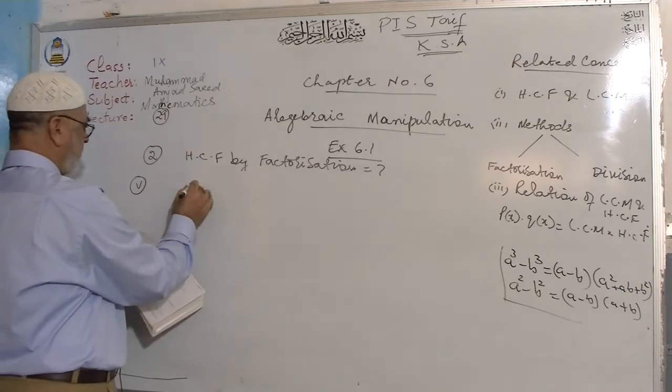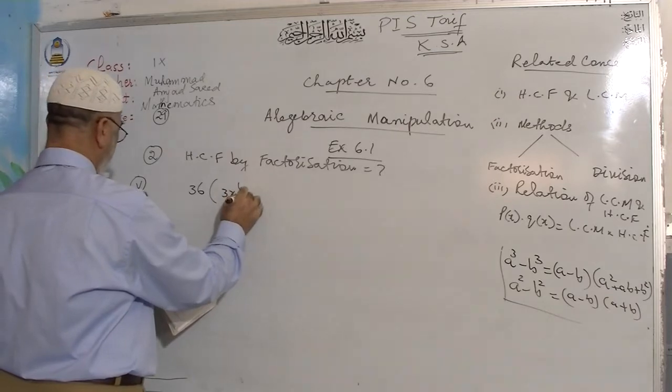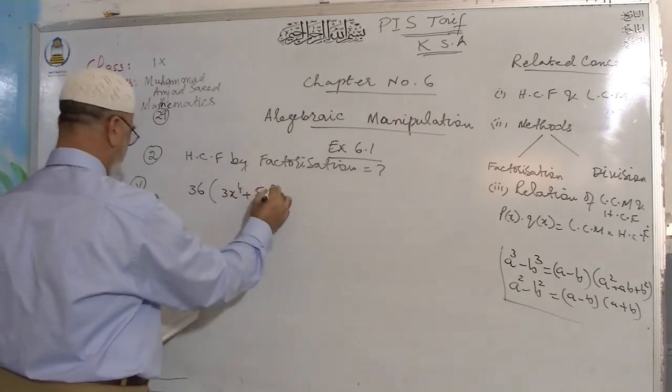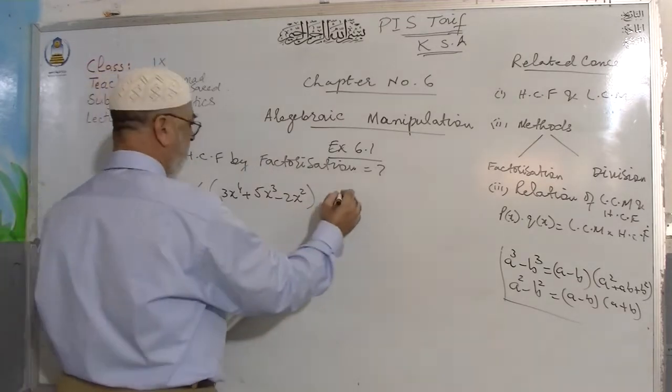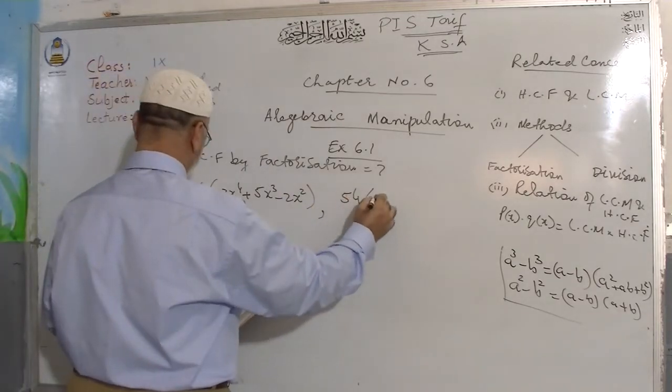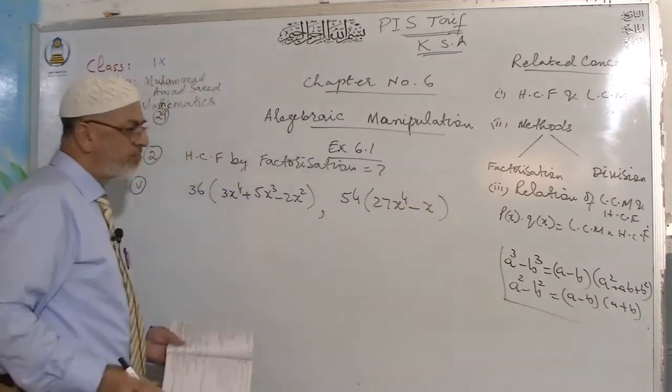4 and 5 they are similar. 36 into 3x4 plus 5x cubed minus 2x squared. The other one is 54 into 27x4 minus x.